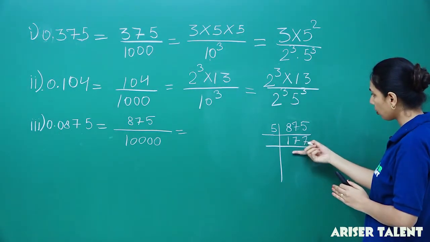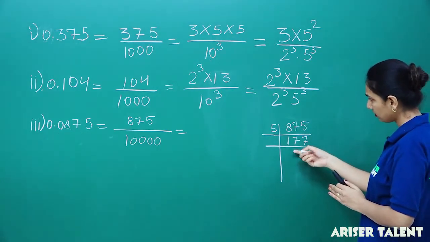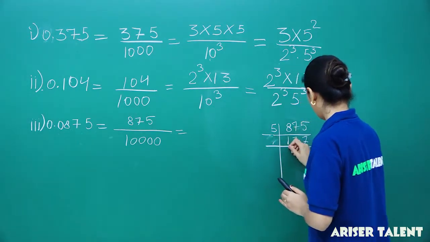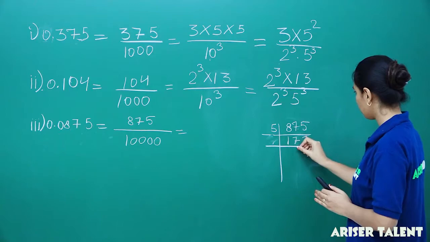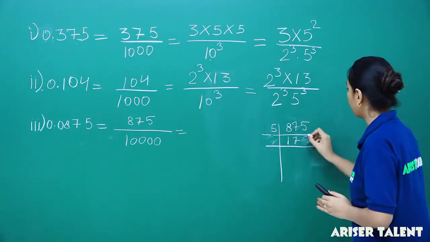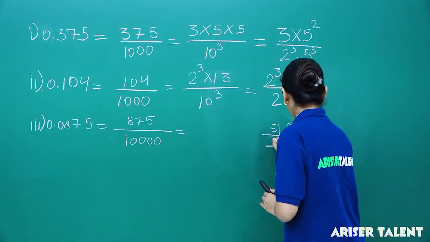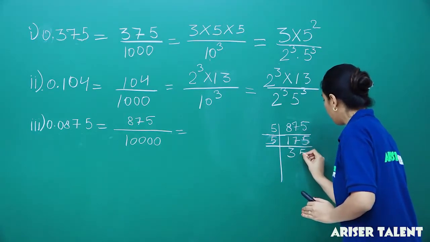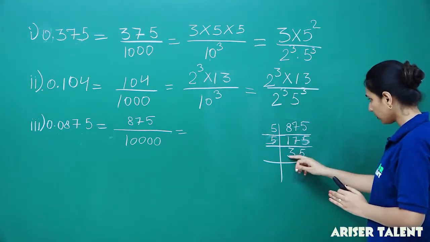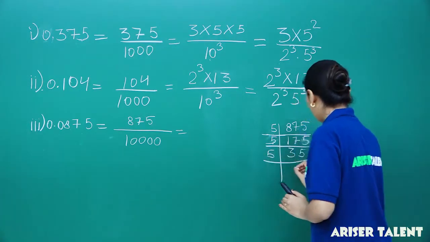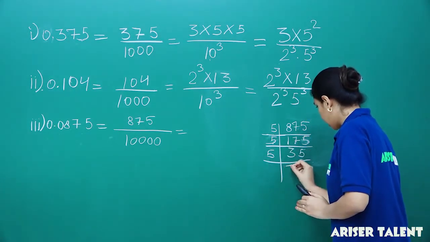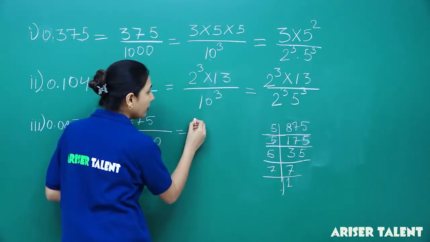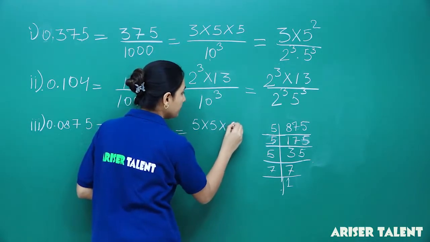Not divisible by 2 or 3, divisible by 5 again, giving 35. Again divisible by 5, giving 7, and then 7 and 1. So we will write it in this form.